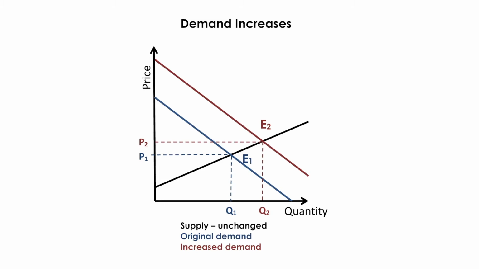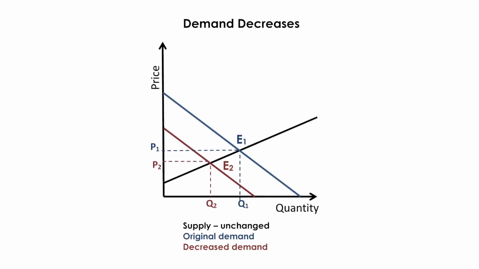When you say demand increases, you see that the demand graph itself goes up. However, what's important here is that we have a right shift, so your Q is changing in the positive direction.